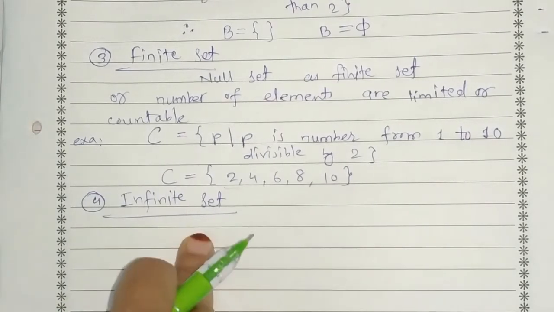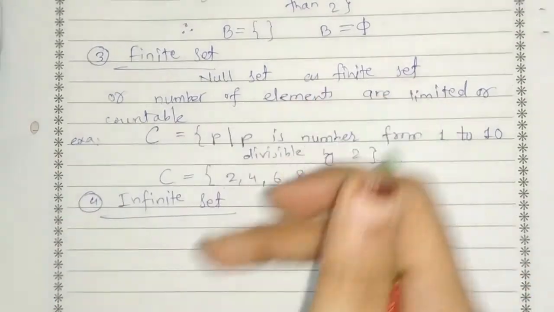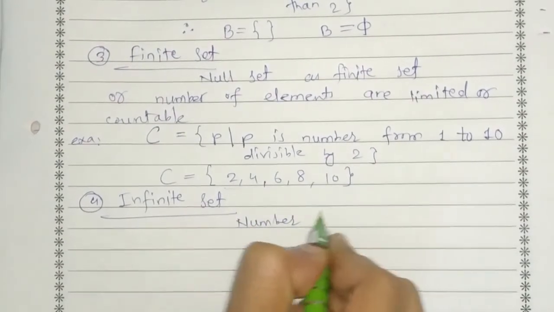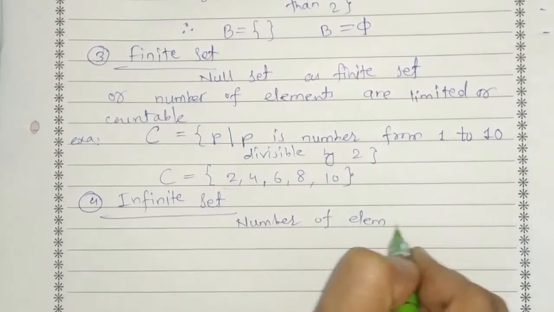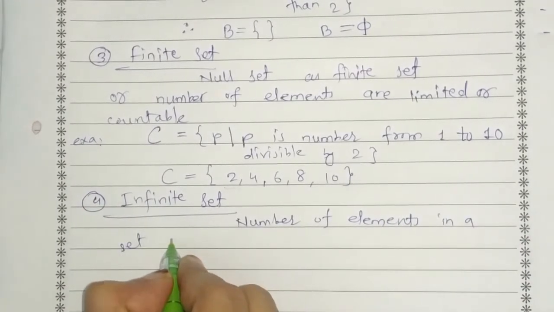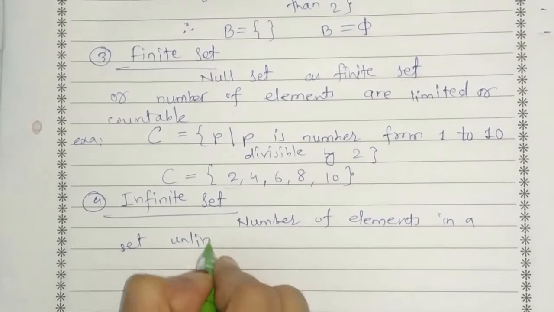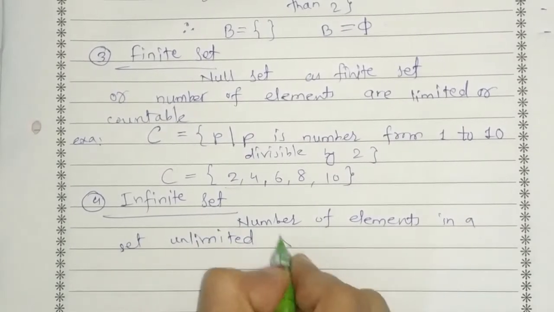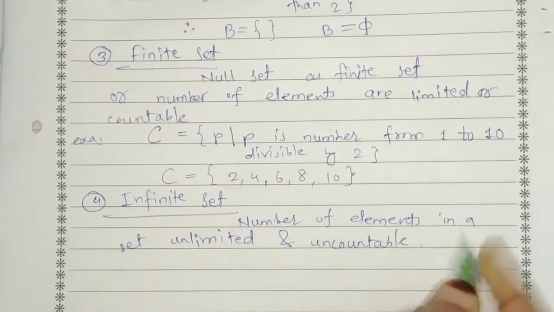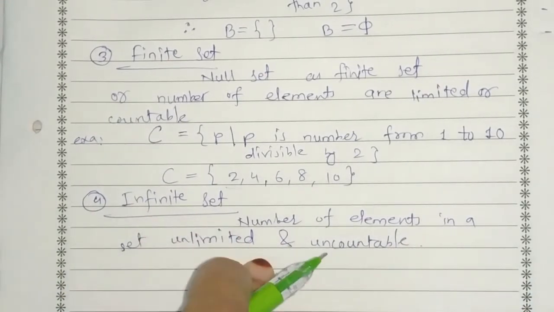So dear students, in an infinite set, the numbers are unlimited. You can say the number of elements in a set is unlimited, as well as you cannot count them, uncountable. Then the set is called an infinite set.